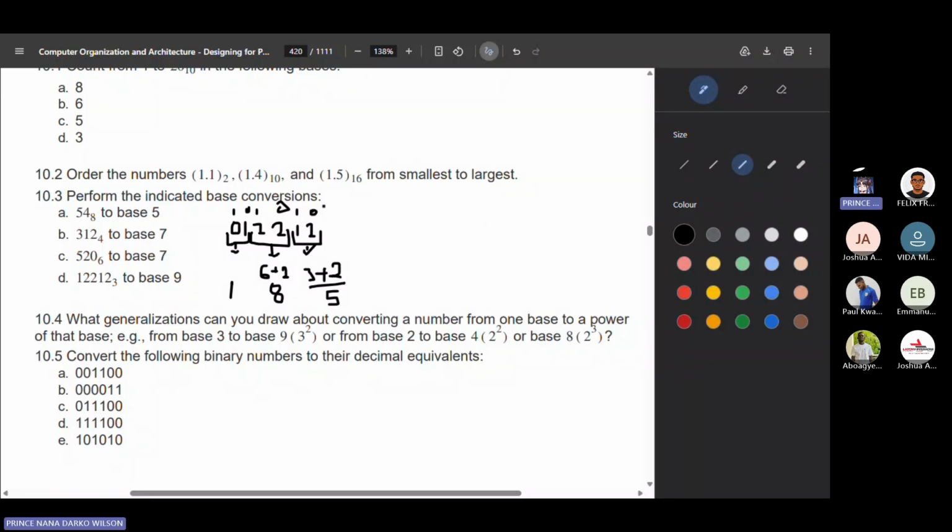So you can go ahead and first convert this number into its decimal equivalent, and after doing that conversion, divide it repeatedly by 9. After you do that, you realize that you will still come to the answer 185. So 185 is actually the base 9 form of the number 12212, base 3.